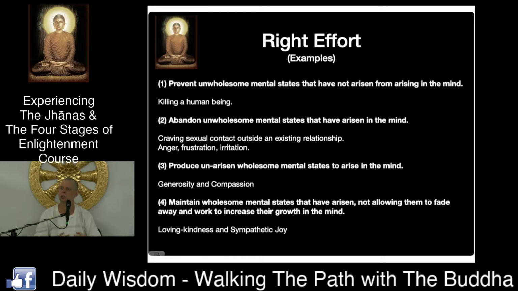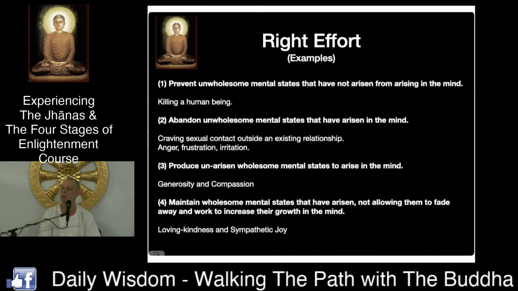So in some cases you have sympathetic joy, but it hasn't been brought to full growth, full perfection and full development. So you're going to need to apply the effort to arise this sympathetic joy in all situations, so that it's permeating the mind. And not just sympathetic joy, but every wholesome mental state.